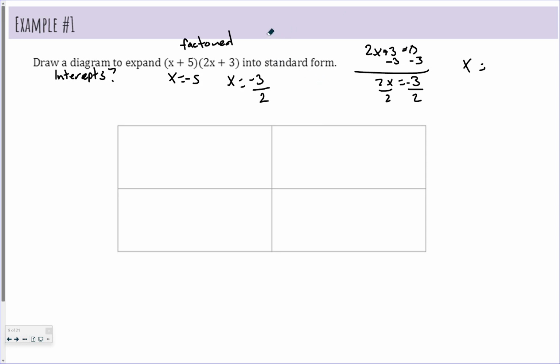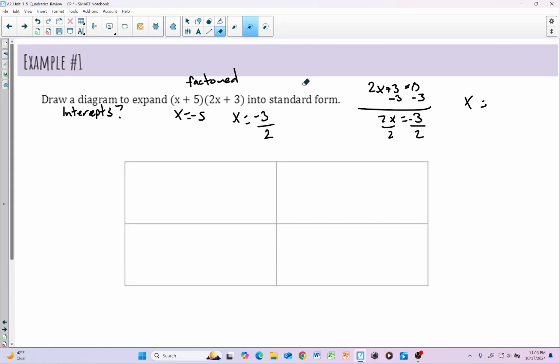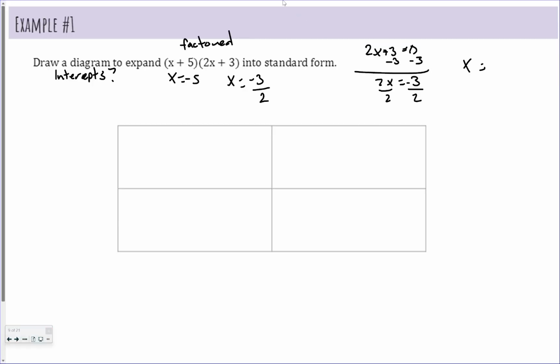Now, briefly, I'm just going to do a different color here. We'll do purple. There we go. Okay, so I want to leave that in black, and I want to change colors to do the rest of this. So one technique that you probably use in Algebra 1 is actually multiplying this out, right?